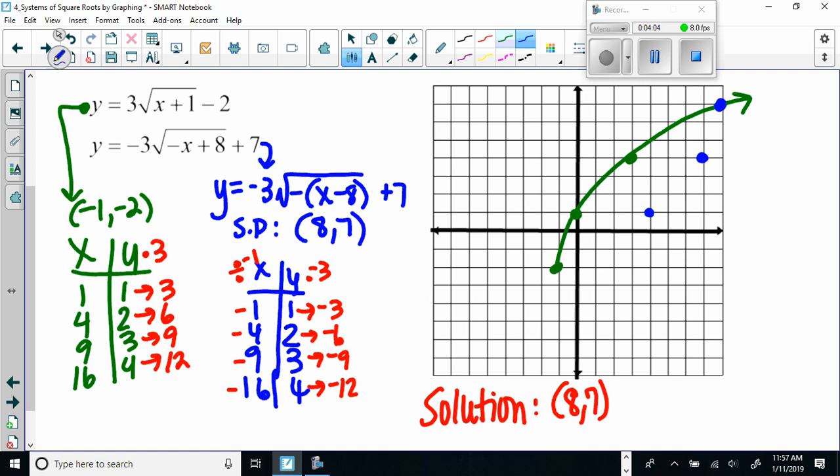There's my next one. So here is this second square root graph. And I have found my second solution right there at -1, -2. So there are my two solutions. These graphs intersected twice.